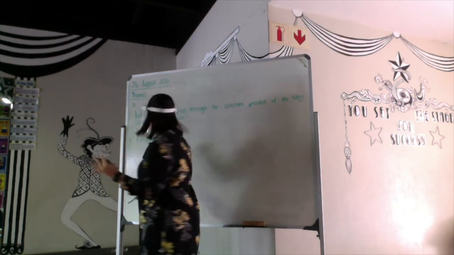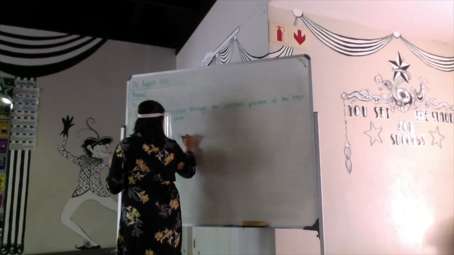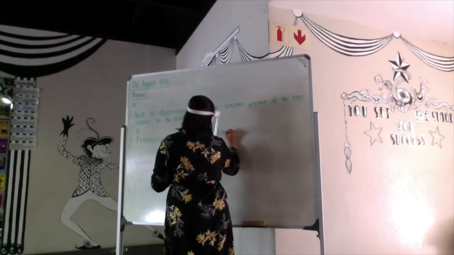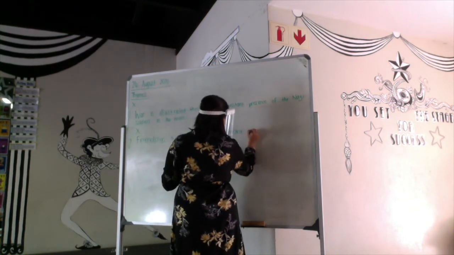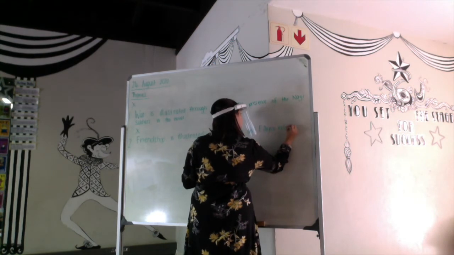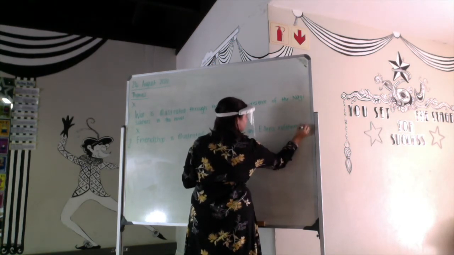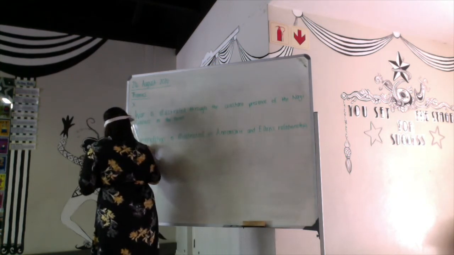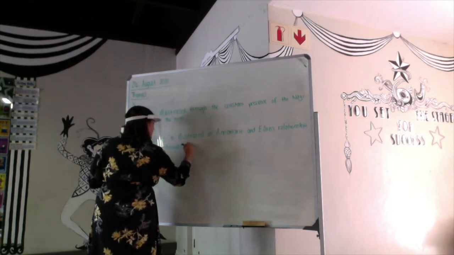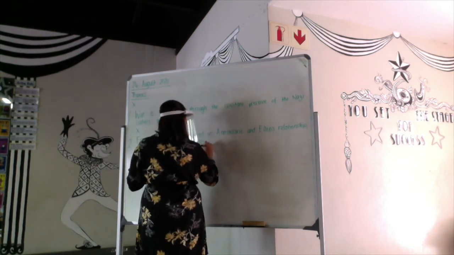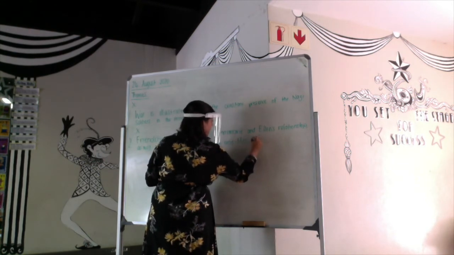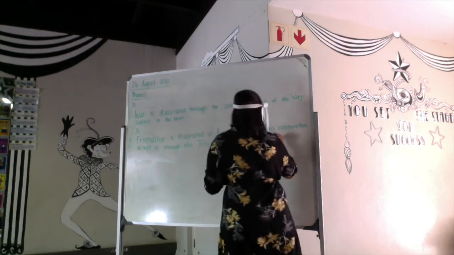So friendship is illustrated in Anne-Marie and Ellen's relationship, comma, as well as through Mrs. Johansson and Mrs. Rosen's relationship.